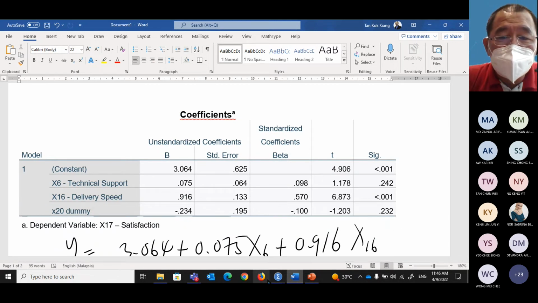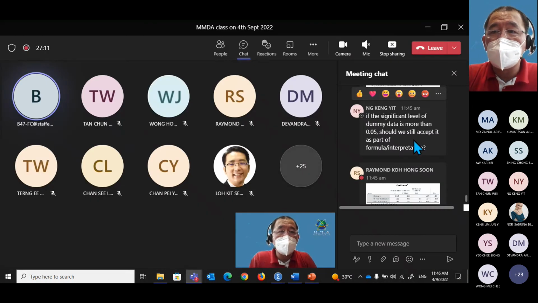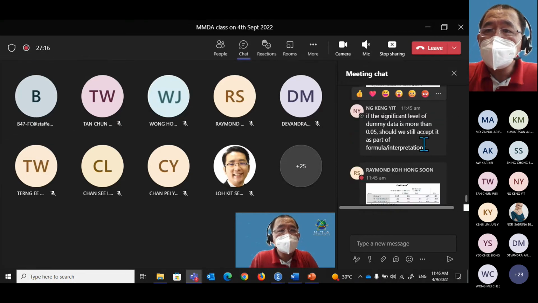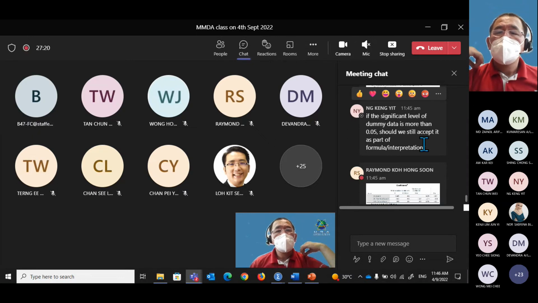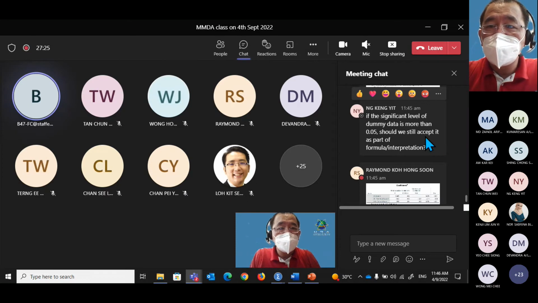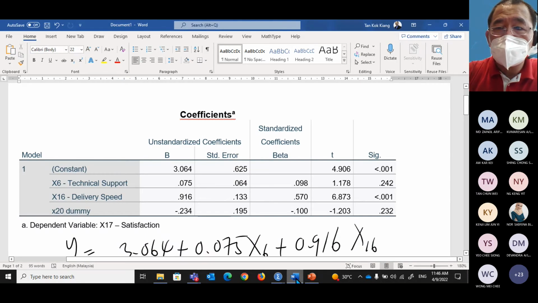Okay, now I answer a question asked by another student. The significance level of the dummy is more than 0.05, so therefore here it is not significant. You can see 0.2-something, therefore it's not significant.